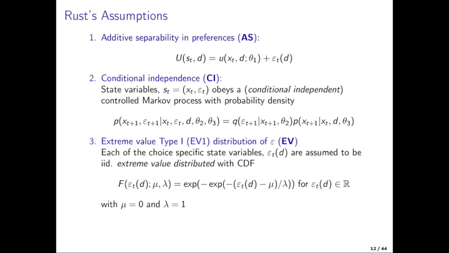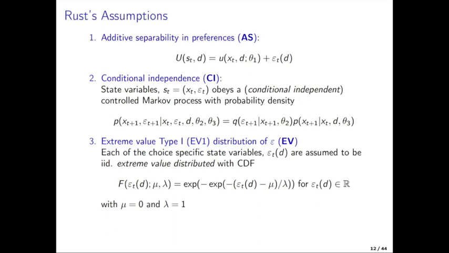This is also why Keane and Wolpin, who wrote that paper, relax that assumption and use a slightly different version of the algorithm. So it's an assumption that is not always satisfied. Sometimes the epsilons could be inside the utility function, or they could be multiplied with the utility function. That's not too bad.